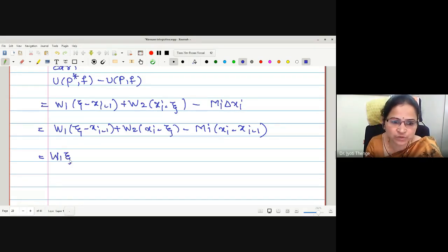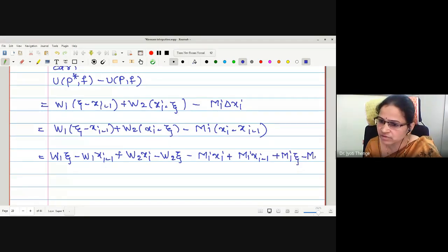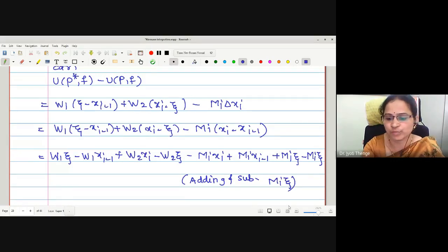So this is w1 zeta minus w1 xi minus 1 plus w2 xi minus w2 zeta minus mi xi plus mi xi minus 1. Now here also we will add capital Mi zeta and subtract the same, adding and subtracting Mi zeta for the sake of proving the result.